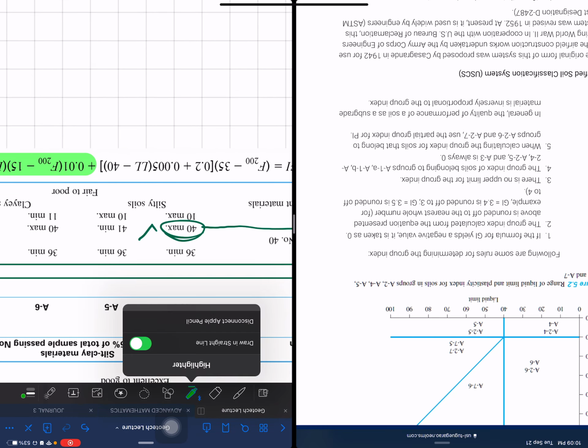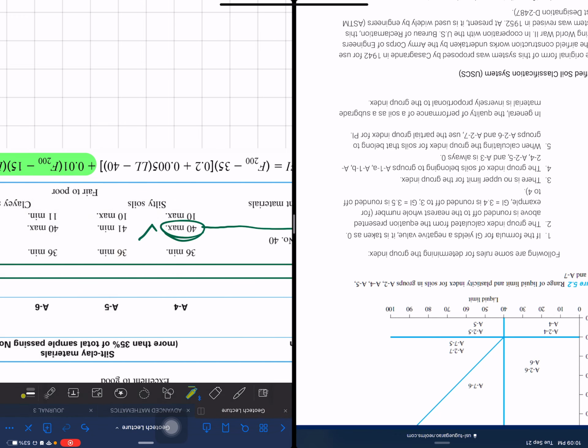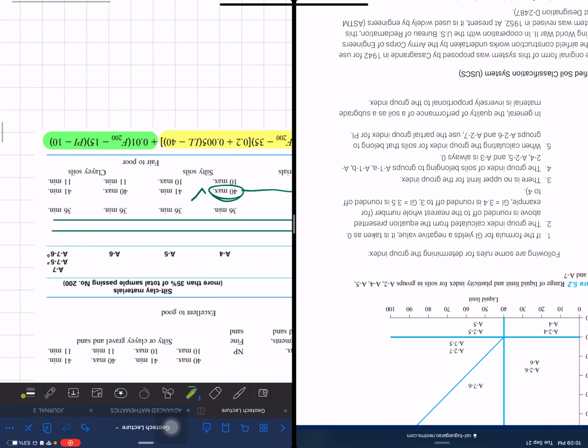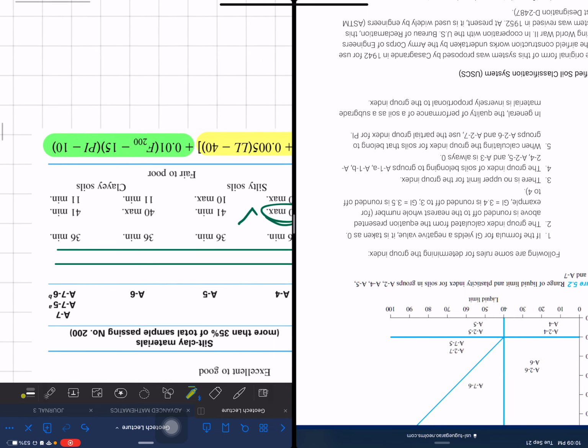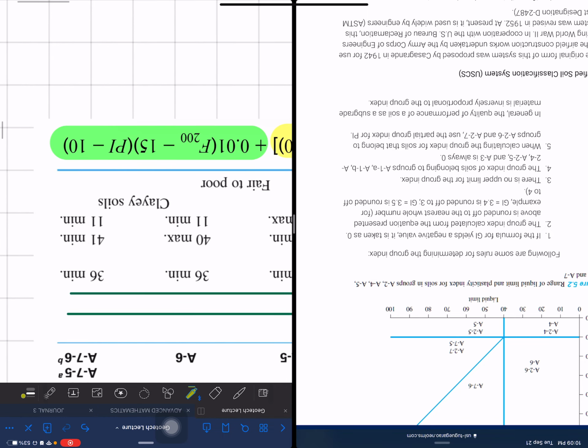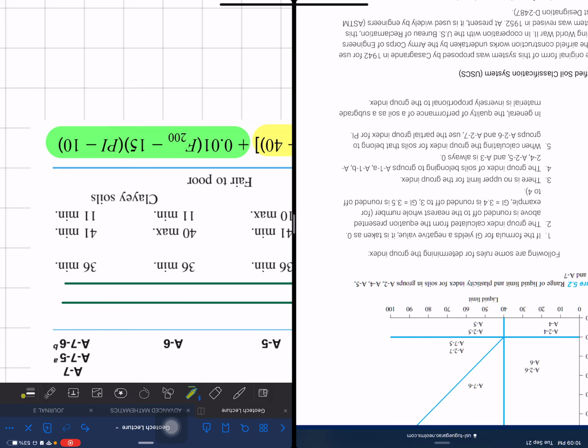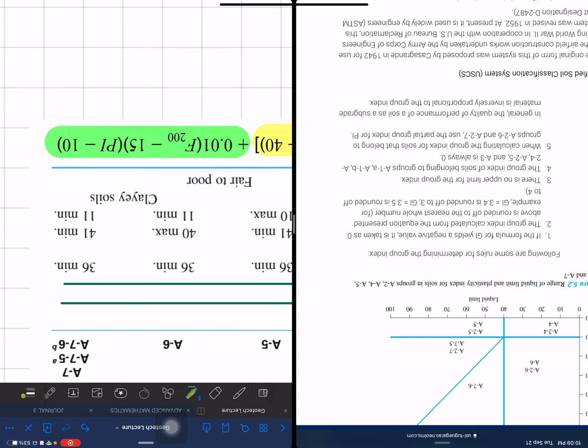And this one here naman, yung first term, that is actually the partial group index for the liquid limit naman. Okay, so kung A26 and A27 na yung classification ng soil, ang gagamitin mong group index formula is the second term of the group index formula. Okay, so partial group index lang kasi siya.